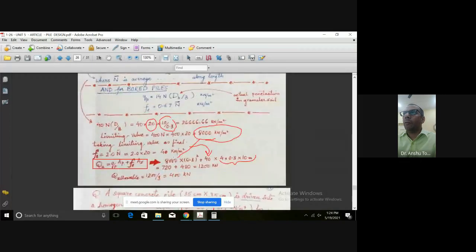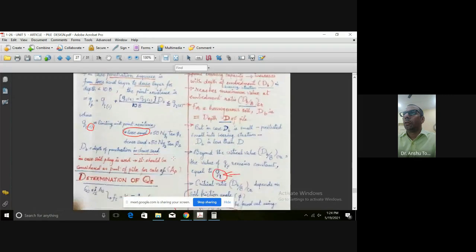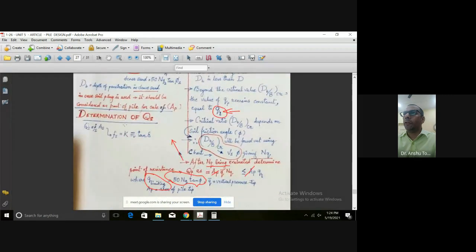So this formula we all actually remember. This is a common formula which we have used earlier also several times. K into sigma V into tangent delta.